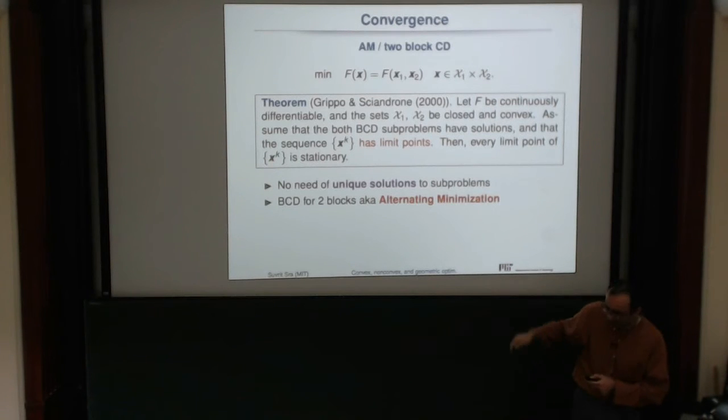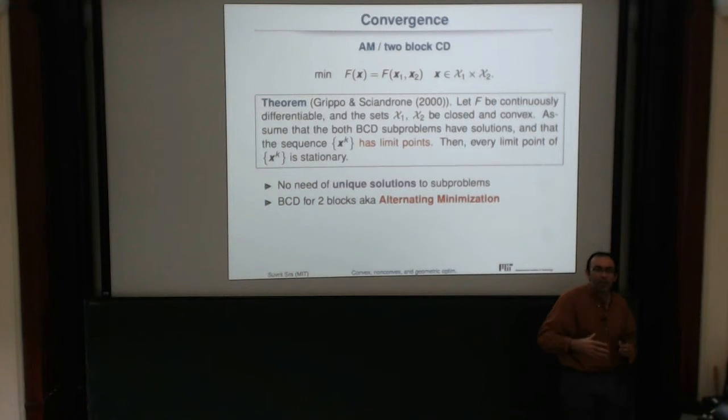That uniqueness is traded off by writing such a thing with sequences and limit points. So for the two-block case, one can make a more general convergence theorem. If there are more than two blocks, then the theory of coordinate descent is less complete. Same thing that happened with Douglas-Rachford, ADMM, etc. Going from two blocks to multiple blocks, things get trickier.